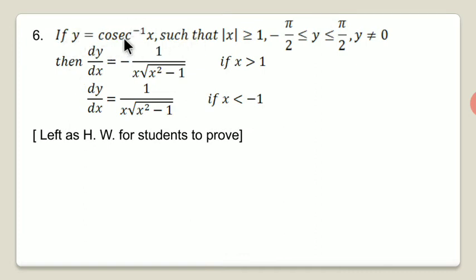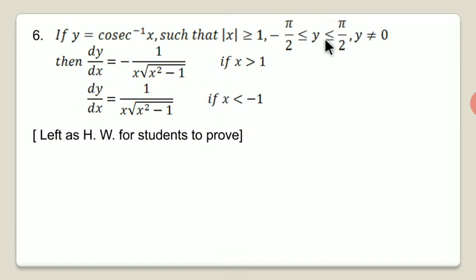Again, here consider this given thing. From this we get x is equal to cosec y. Differentiate this, we get dx upon dy is minus cosec y into cot y. That cot y can be written in terms of cosec y as plus or minus square root of cosec square y minus 1. And so we get dx upon dy is equal to minus of plus or minus x into square root x square minus 1.